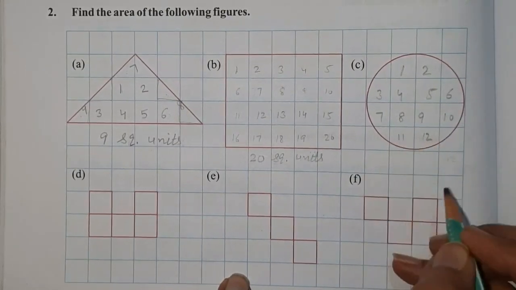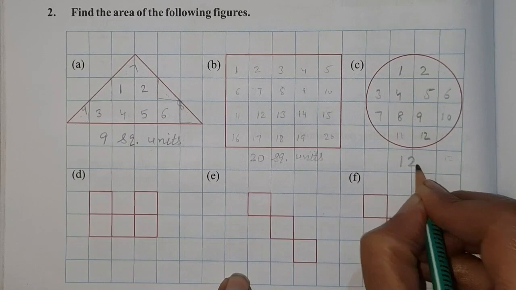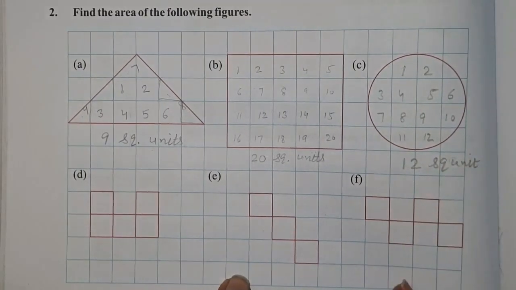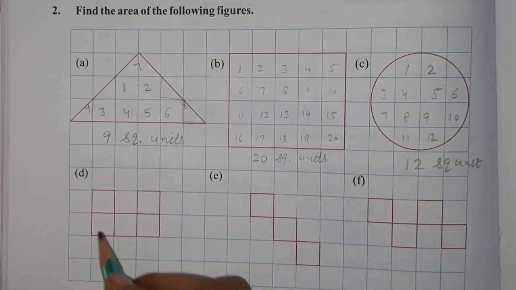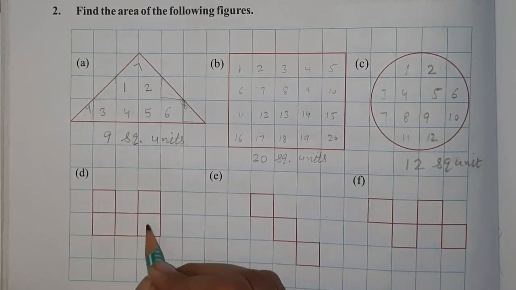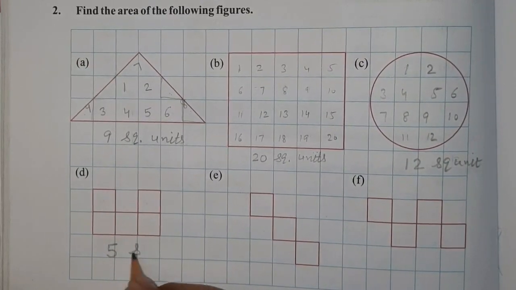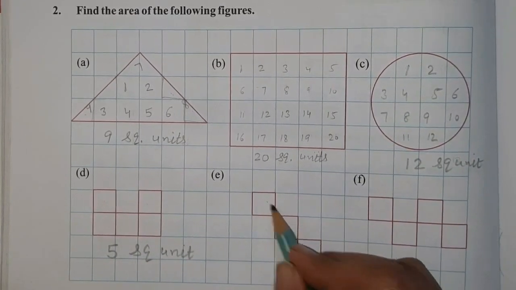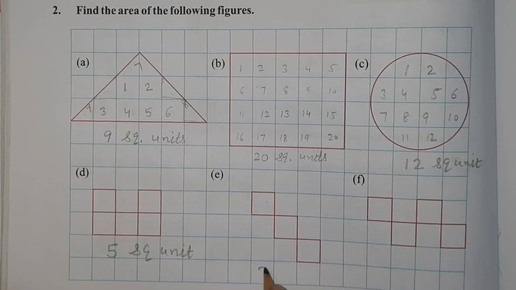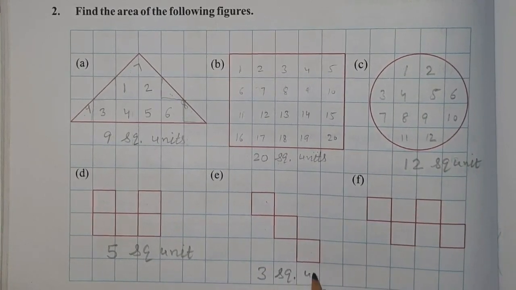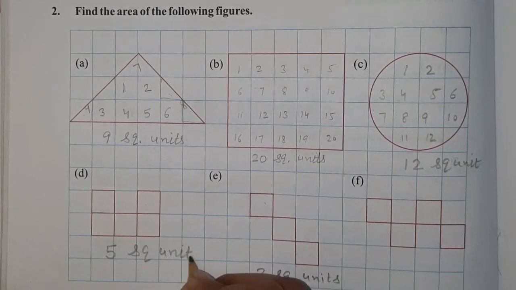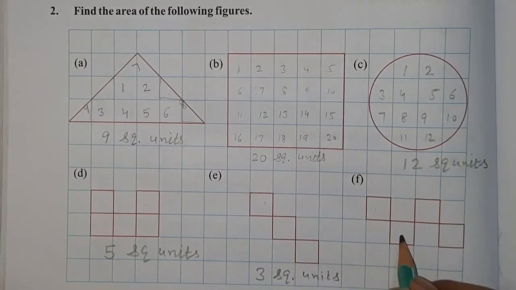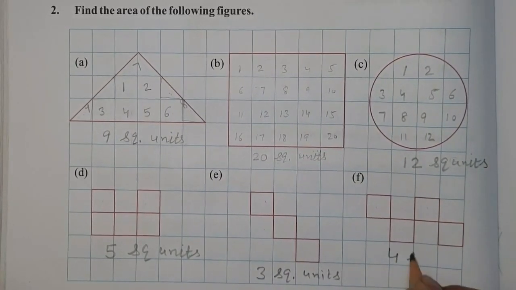So its area is 12 square unit. Here 1, 2, 3, 4, 5. 5 square unit. 1, 2, 3. 3 square units. Units, S will be there. 1, 2, 3, 4. 4 square units.